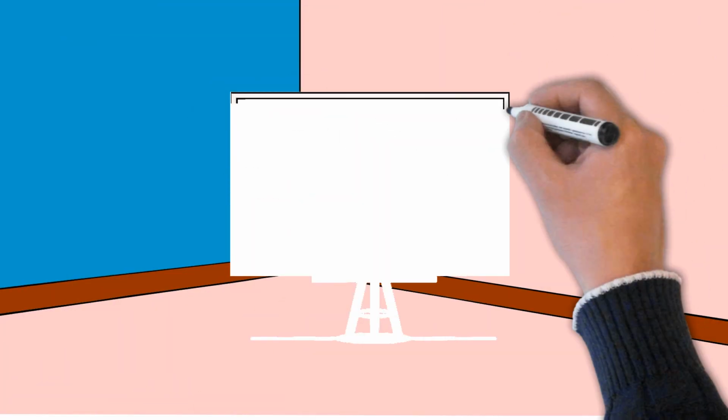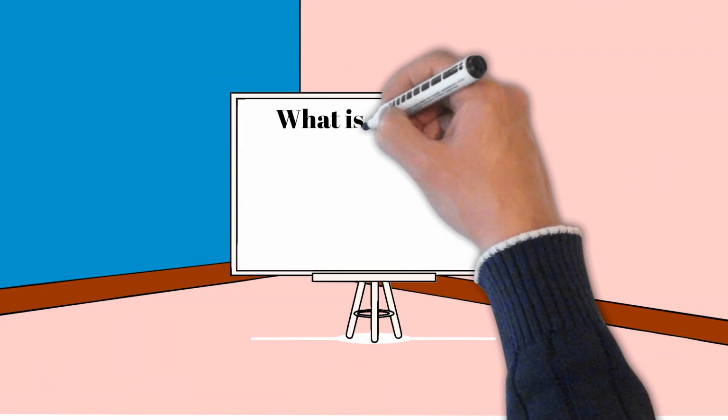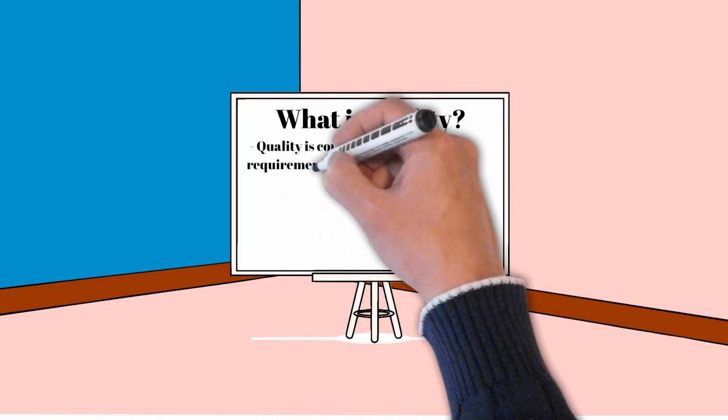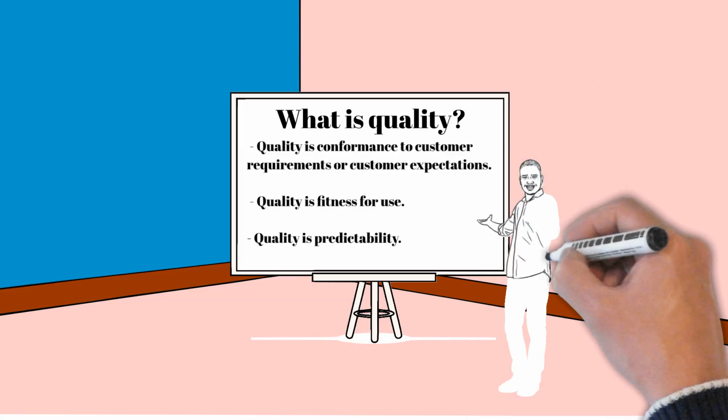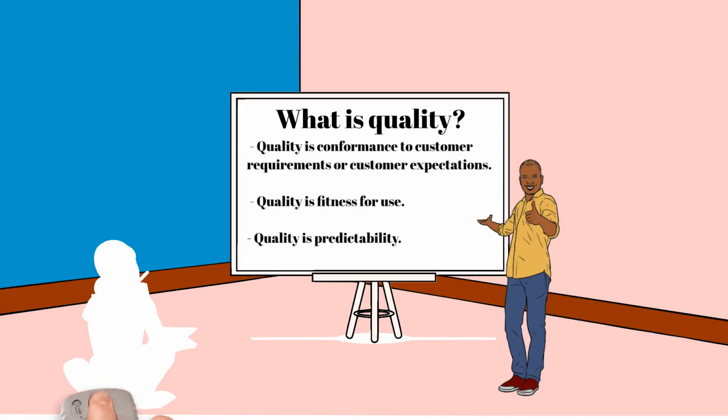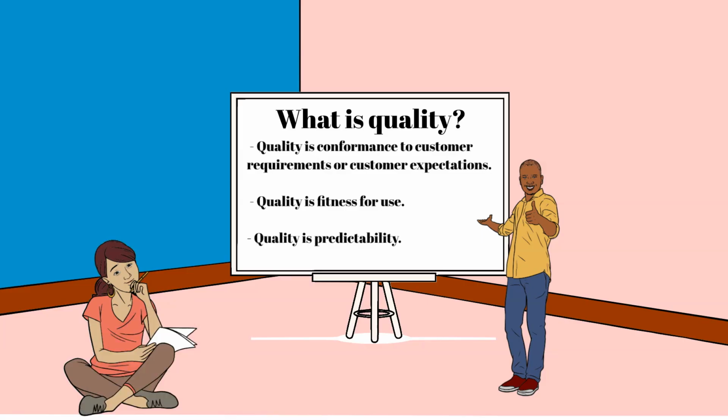So what is quality? There are many definitions of quality. However, in the scope of Lean Six Sigma, quality is conformance to the customer requirements or customer expectations. Quality is fitness for use. Quality is predictability. Quality has two perspectives.